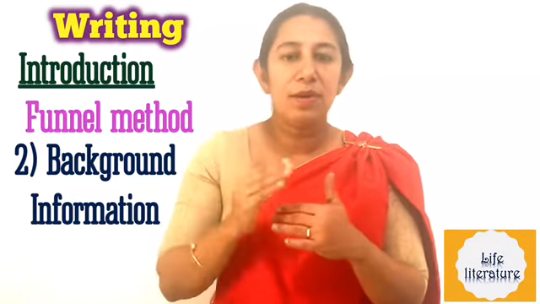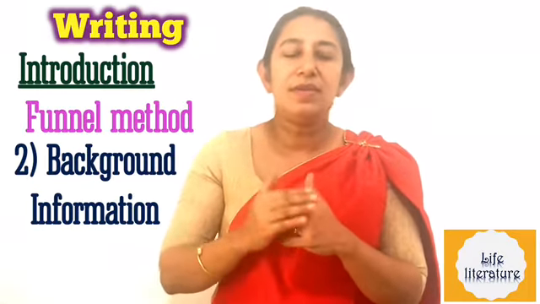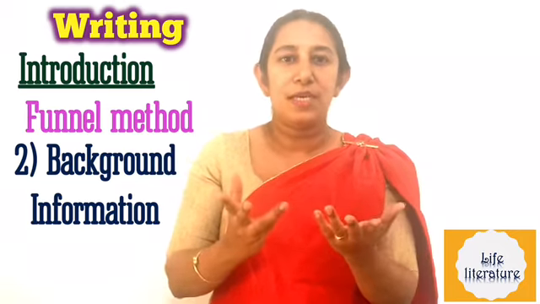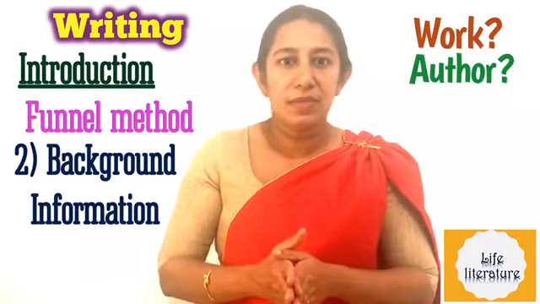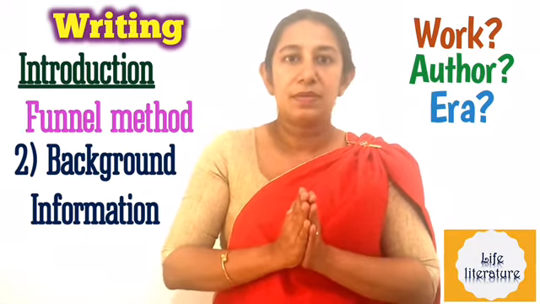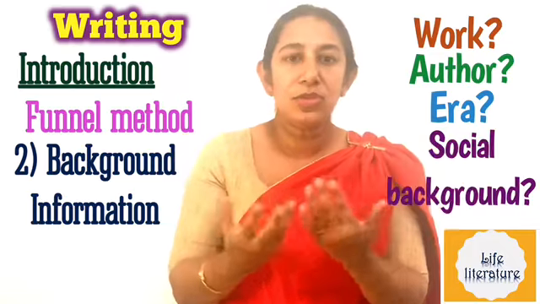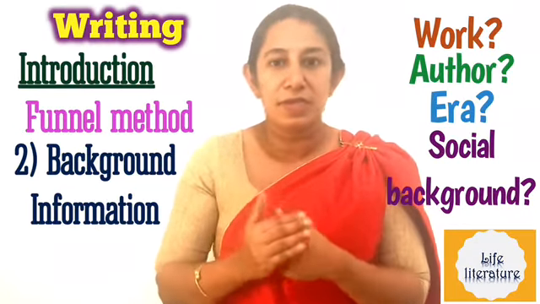So the relevant background information, of course, the relevant things you have to forward here. What the work is, who the author is, to what particular era it belongs, and the social background of this particular short story if it is necessary.